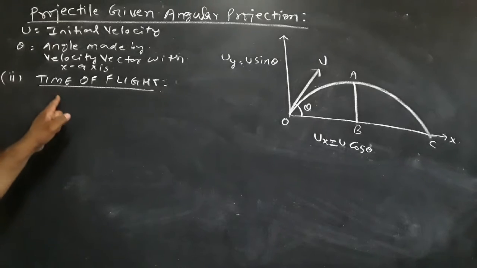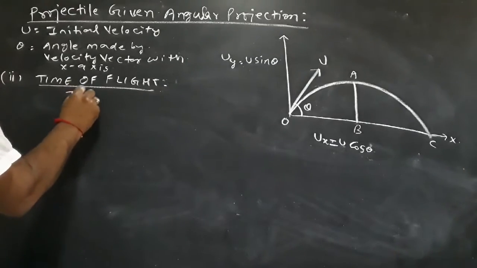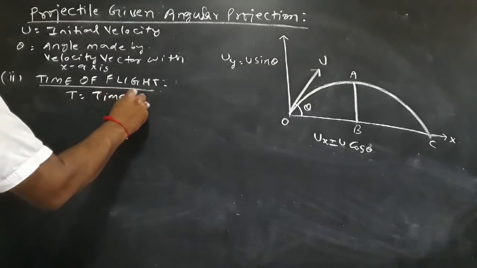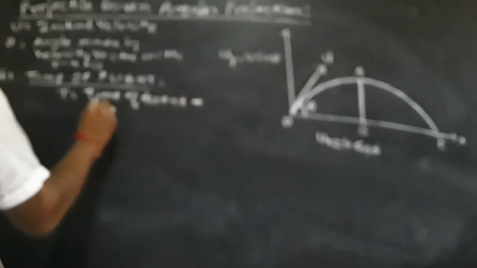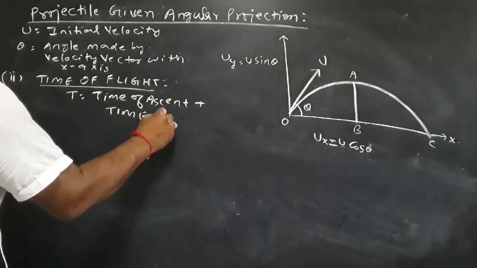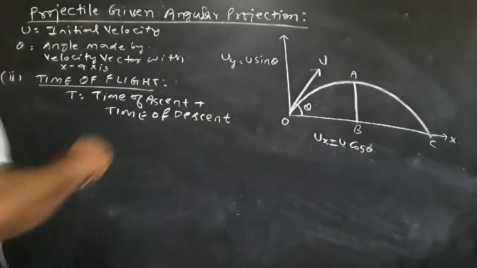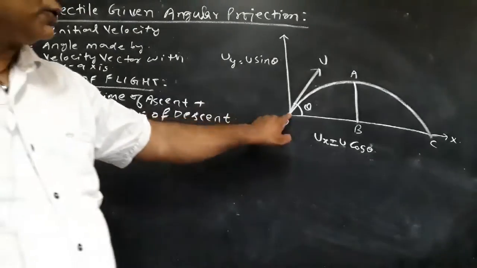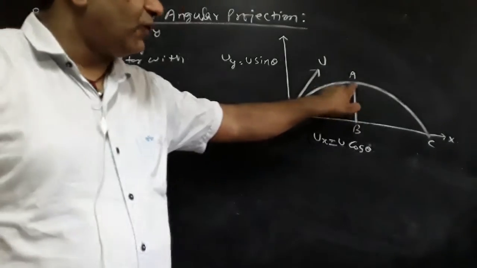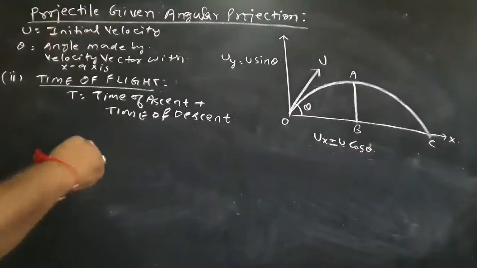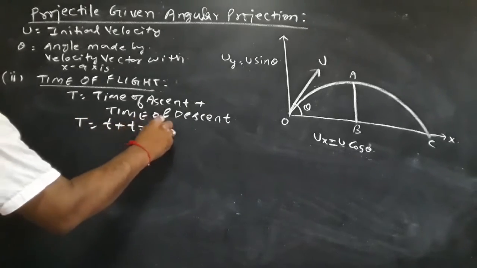Now the second is time of flight. Total time of flight is time of ascent plus time of descent. Time of ascent is from O to A, for the upward, called ascent. For the downward, A to C, called descent. So total T is equal to t plus t, that is 2t.